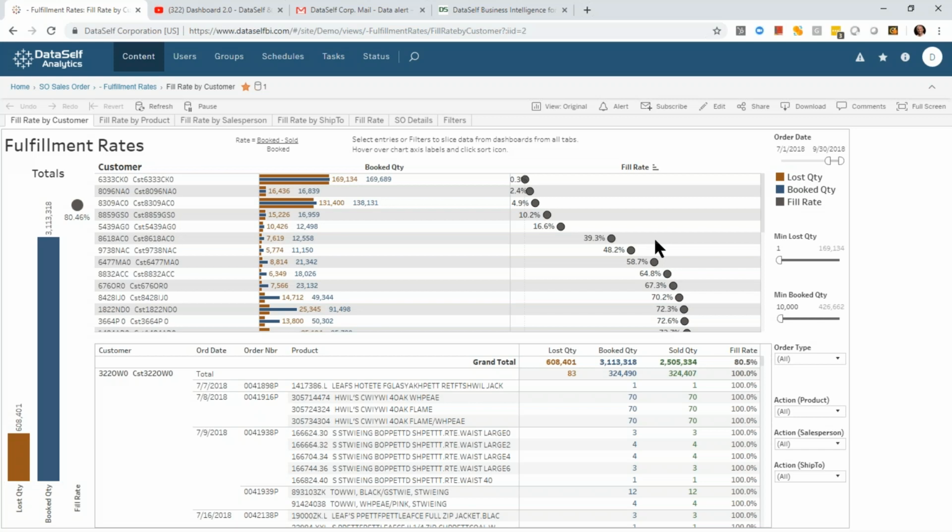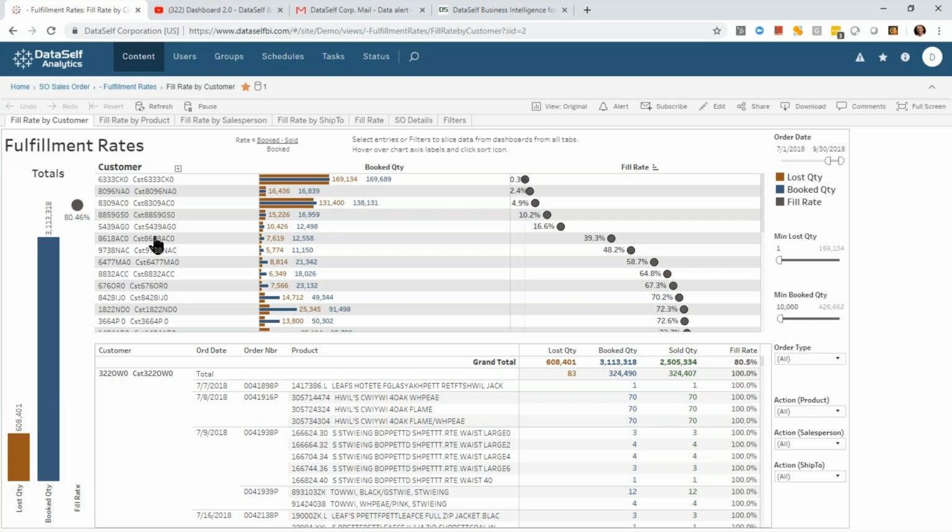They might leave because you're not doing a good job. Typically, this is a problem for inventory management people, but if you want to get this kind of information to salespeople, we have ways to show fulfillment rates by customer, by product, by salespeople, and let salespeople quickly decide if they need to take an action and help sales.